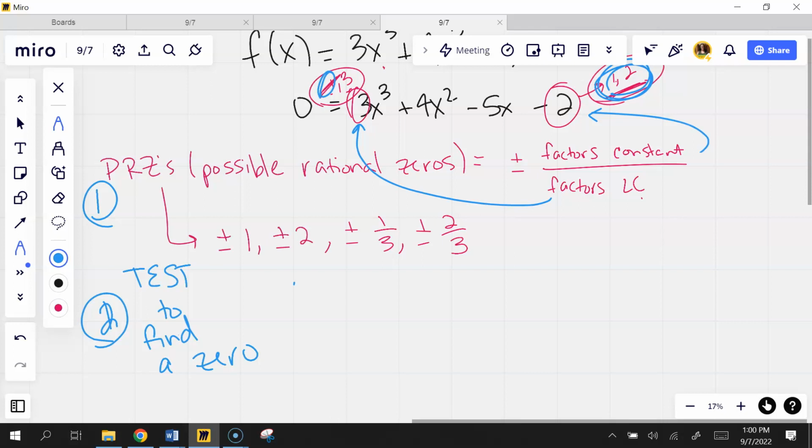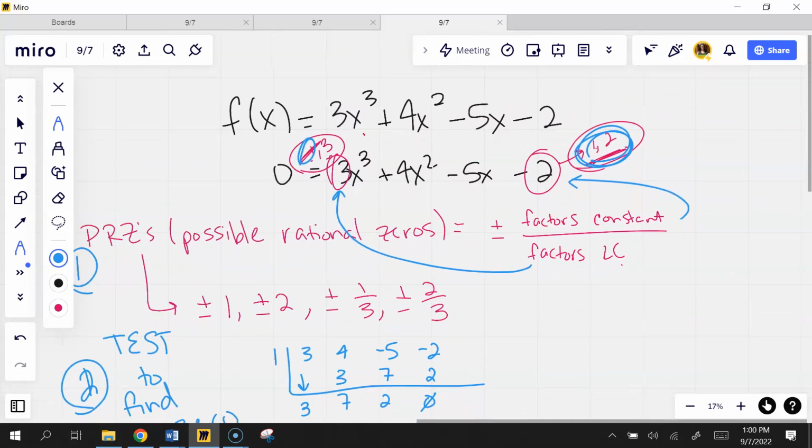So we'll just start with 1. Synthetic division is fast. I was lucky enough to find it on the first time.